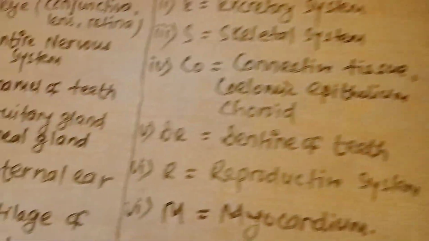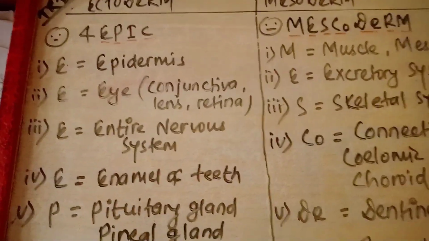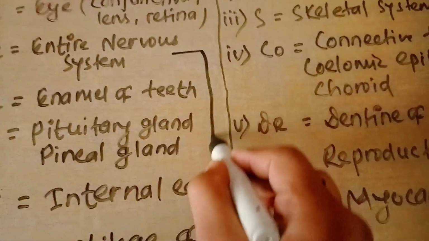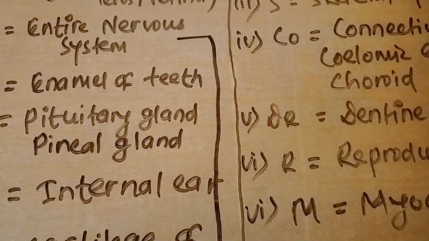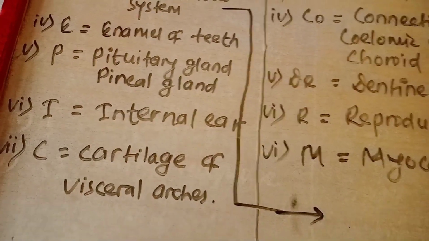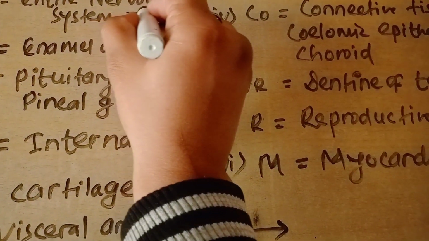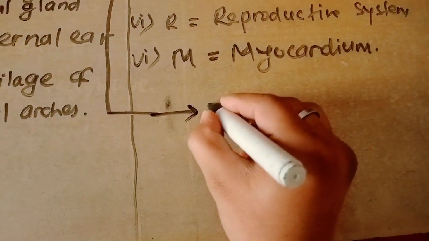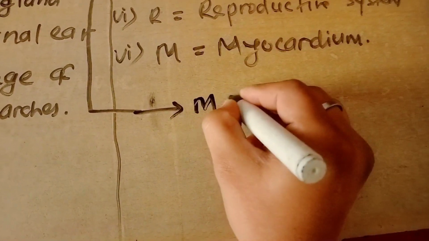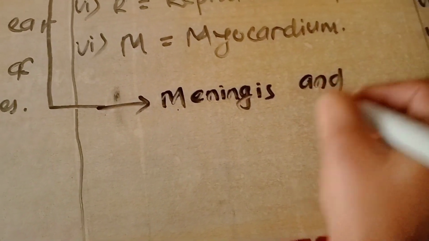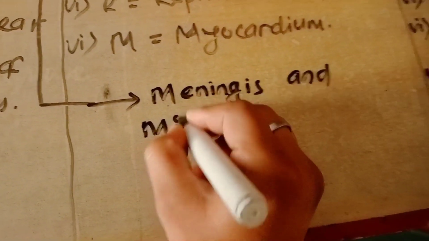And now there are some exceptions, so I am going to tell you that also. In ectoderm we have E for entire nervous system, so entire nervous system except meninges and microglia.